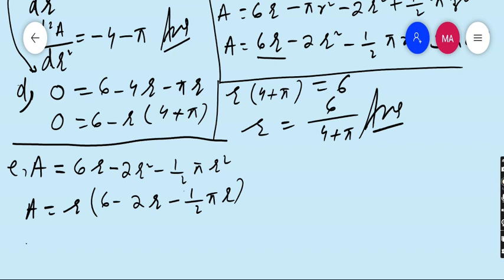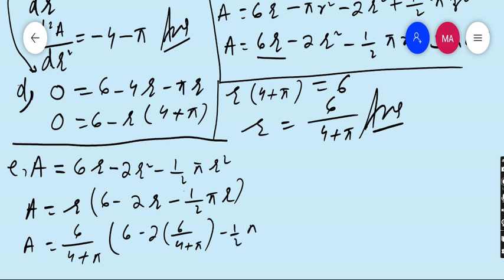Now it is very easy. R is 6 upon 4 plus pi. 6 minus 2 into 6 upon 4 plus pi minus 1 upon 2 pi into 6 upon 4 plus pi. Simplify it.